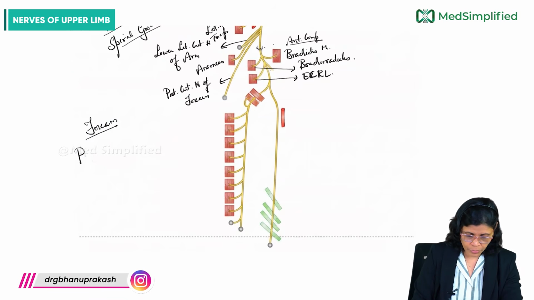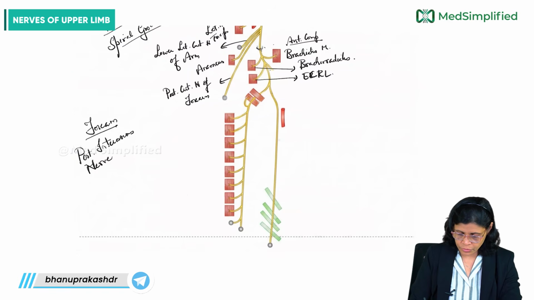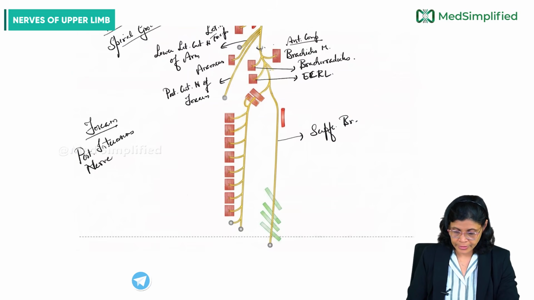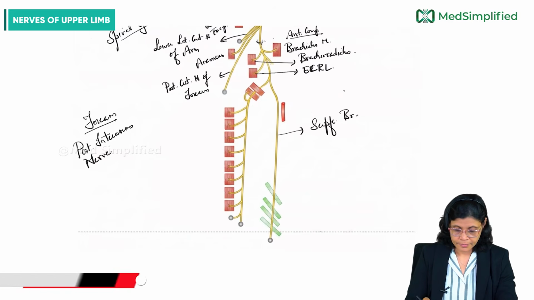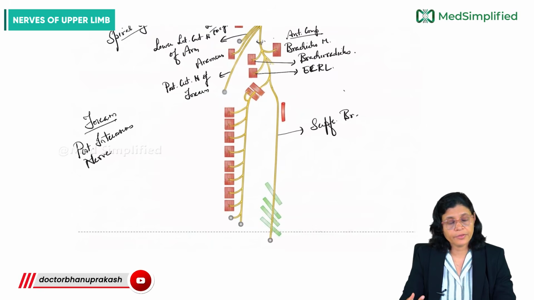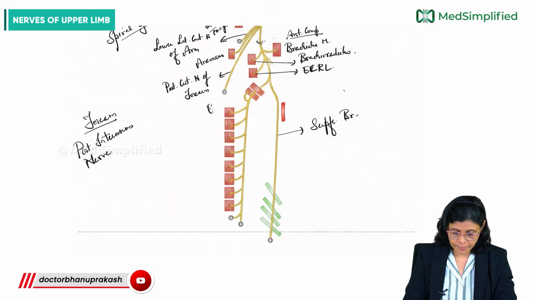One is the posterior interosseous nerve, and another one will be the superficial branch or superficial radial nerve. So this is the deep branch, the posterior interosseous nerve. The posterior interosseous nerve in the cubital fossa will supply two muscles, the extensor carpi radialis brevis muscle and the supinator.